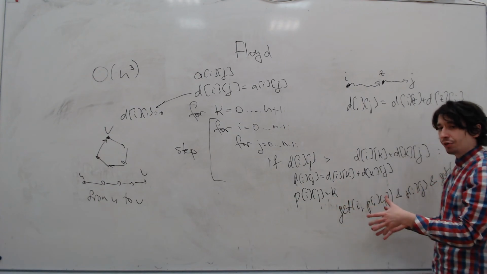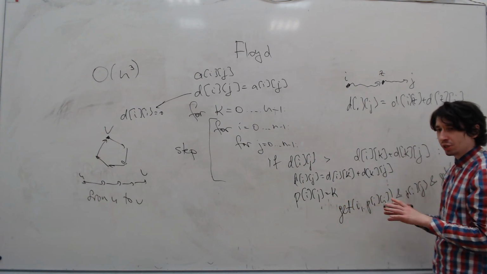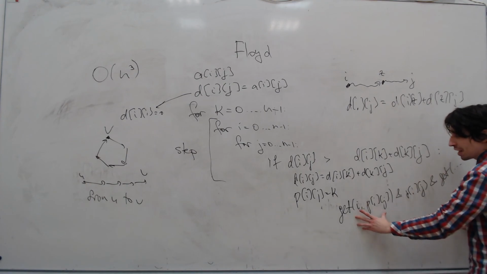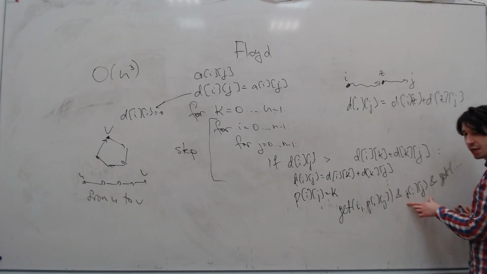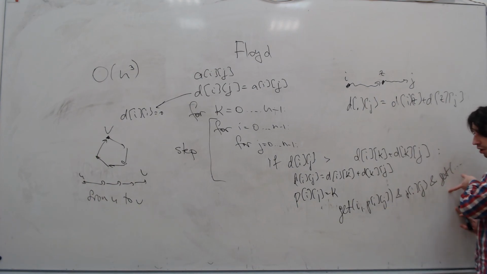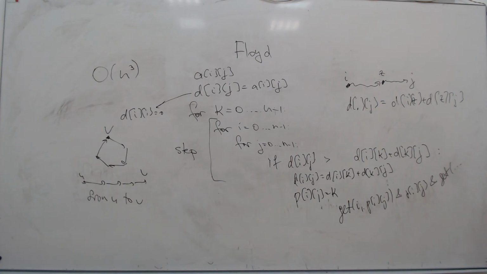Then the path looks like this: the path from i to Pij, then Pij itself, and then the path from Pij to j. Does it become clear?